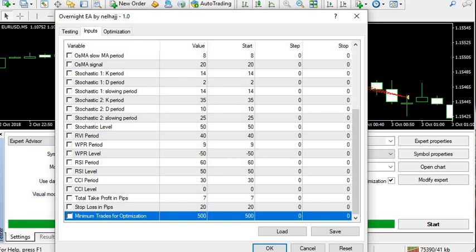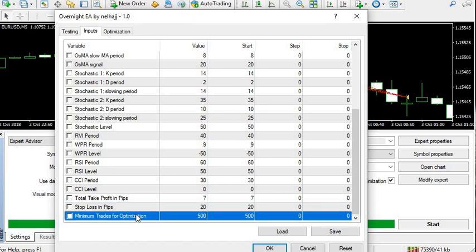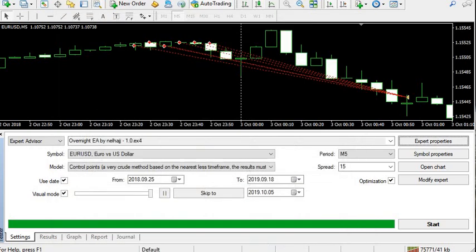This setting allows you to disregard tests where the number of trades taken is very low and is lower than your defined number here. I will explain this as we move on to the optimization. So for now, I will set it at 500 and I'll show you how it works. So here we go.